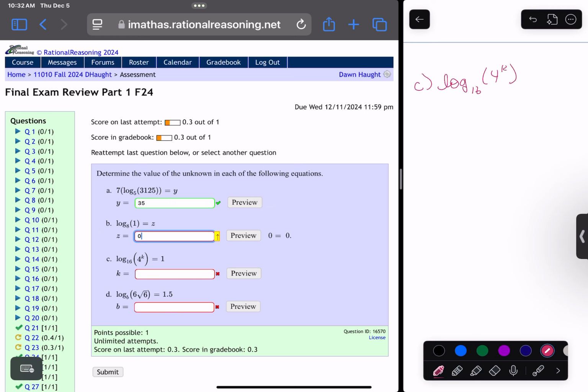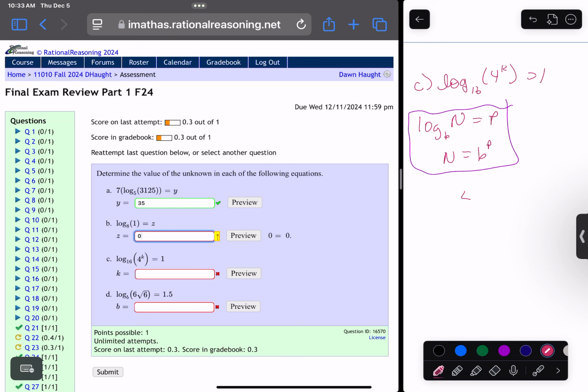So what formulas should you know for this? You need to know that log base b of your number equals a power can always be rewritten as your number is your base to your power. So you have to have this written down. You have to know that, okay? So if we take our log information and we flip it and make it into our formula, we can solve for k pretty easily.